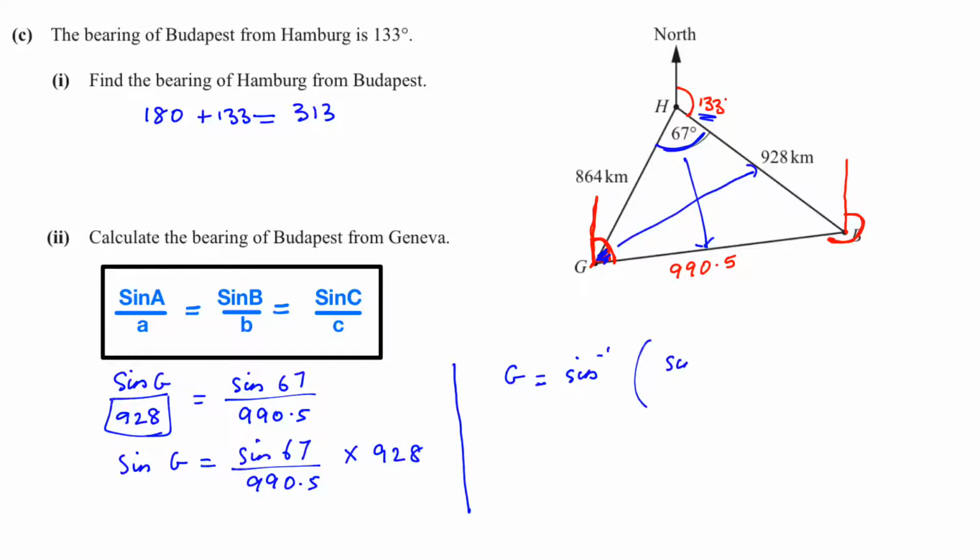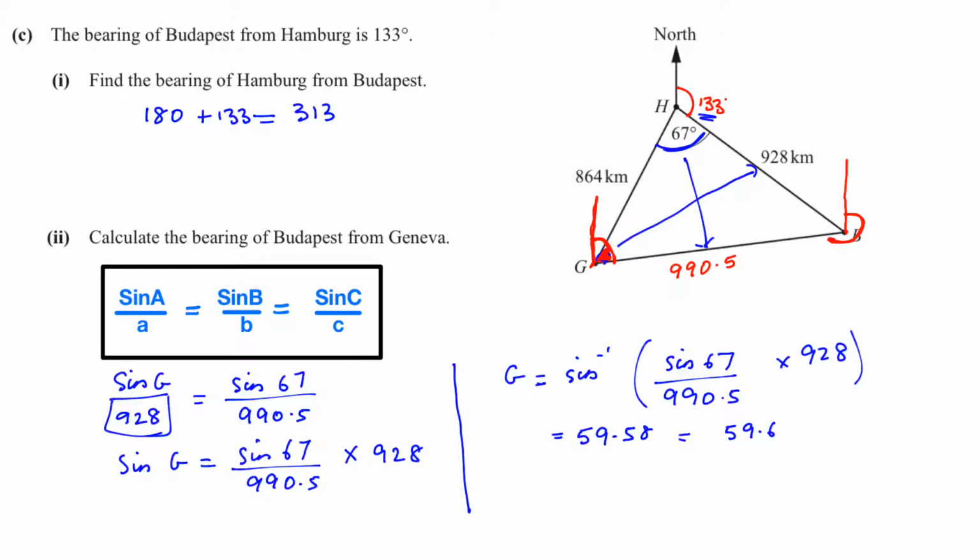We can just put the whole thing in the calculator to get the answer. 990.5 multiplied by 928 will give us 59.58. You can round it up to 59.6, 1 decimal place. But this is only this part. It's only this part. This is 59.6.